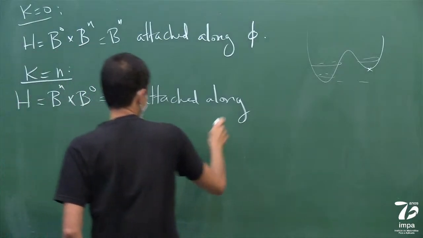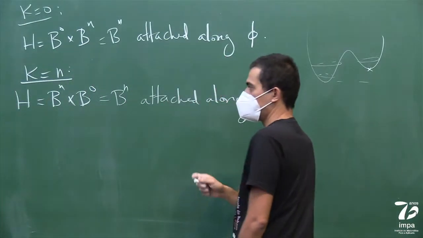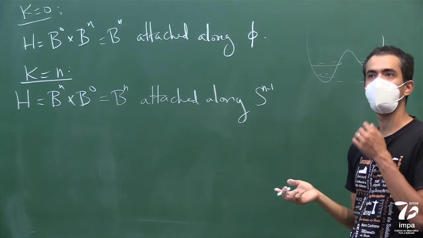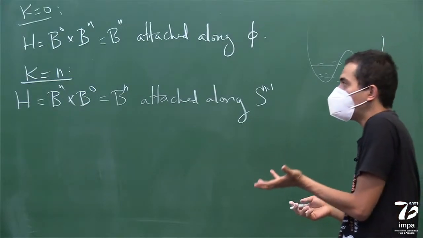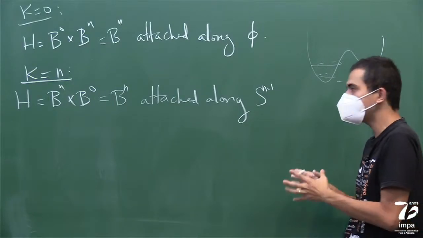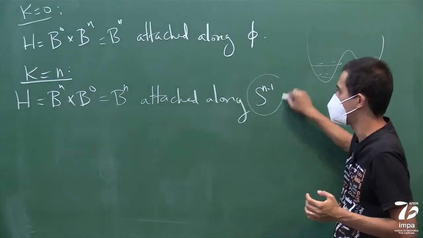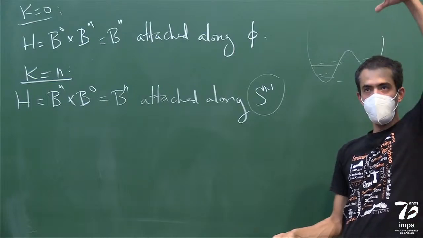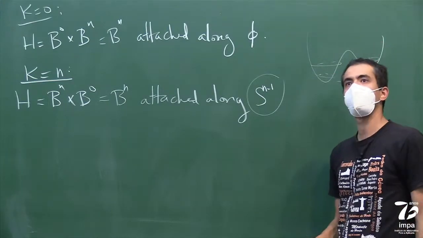So it's attached along an Sn minus 1 times b0, which is just an Sn minus 1. So that means, if you have an n handle to attach, you must have a part of the boundary that's just a sphere. And you just close it up by putting this ball bn attached to it.